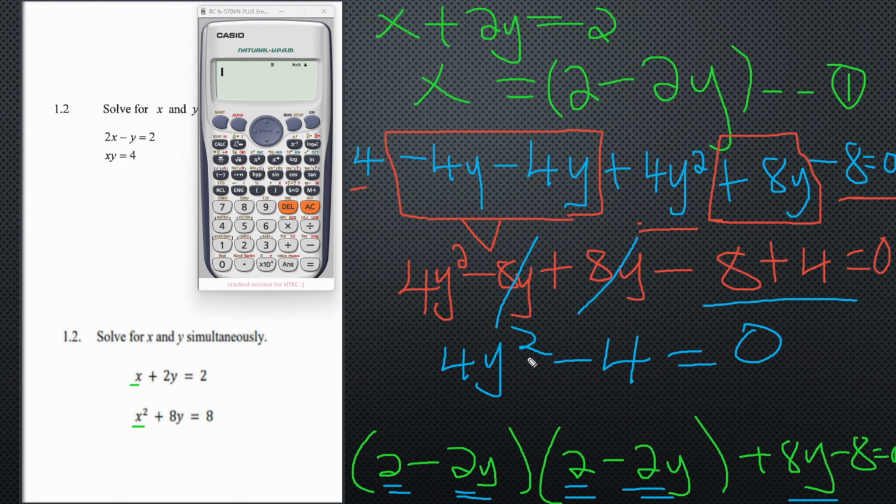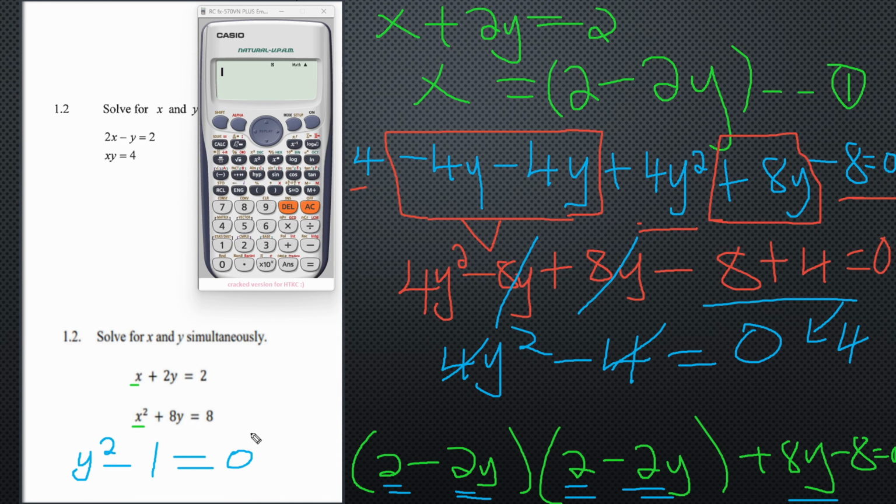Remember about dividing everything. So now you can actually divide the entire equation with 4, and then you are going to get a 1 here and then a 1 here. So this will result to y squared minus 1, which is equals to 0. Right?